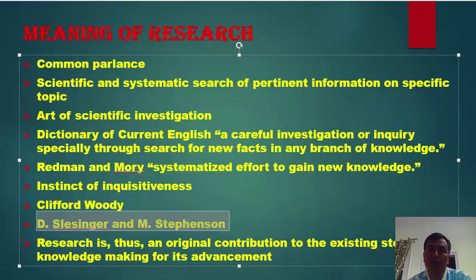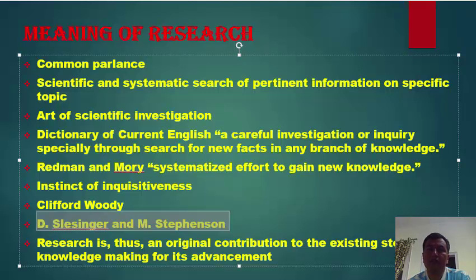Stephenson, in the Encyclopedia of Social Science, have said that research is the manipulation of things, concepts or symbols for what purpose? For the purpose of generalizing, to extend, to correct or to verify knowledge, whether that knowledge helps or aids in the construction of a theory or in the practice of an art.